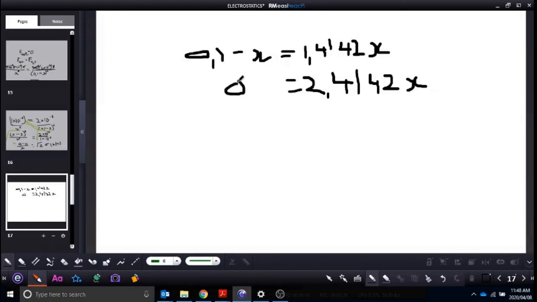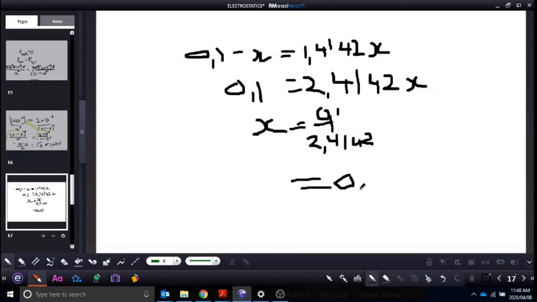And then we have 0,1, so x will then be equal to 0,1 divided by 2,4142, which is 0,04142, and this is in meters.